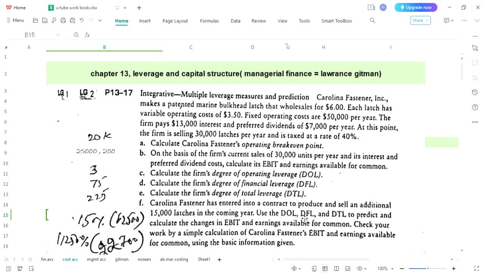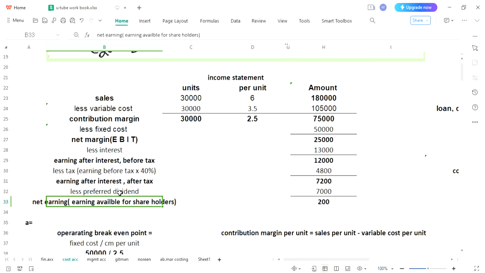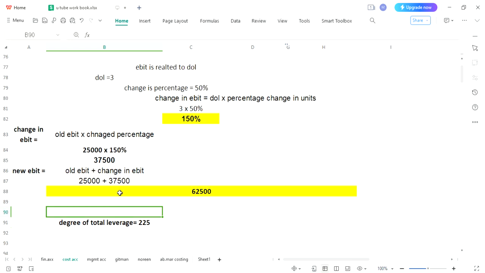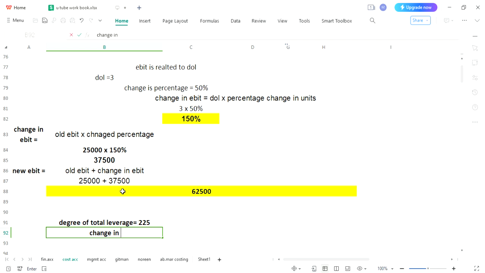We will now use degree of total leverage to predict EBIT and earning available for common shareholders. Degree of total leverage was 225, and the change in units we have just calculated is 50%.